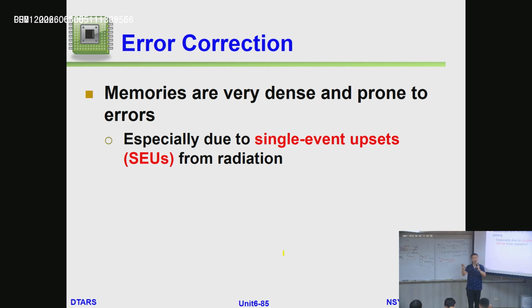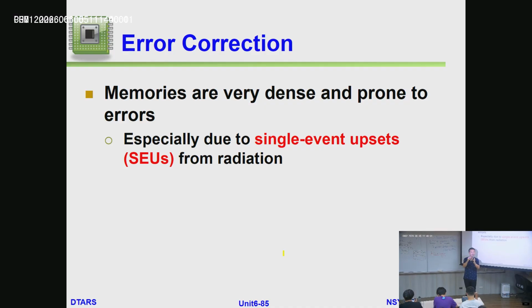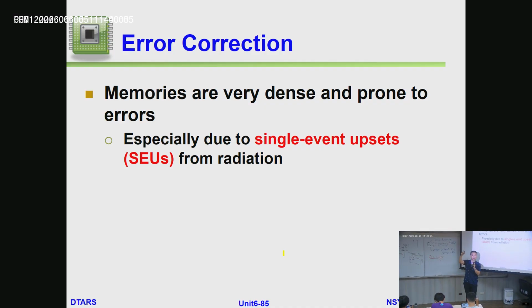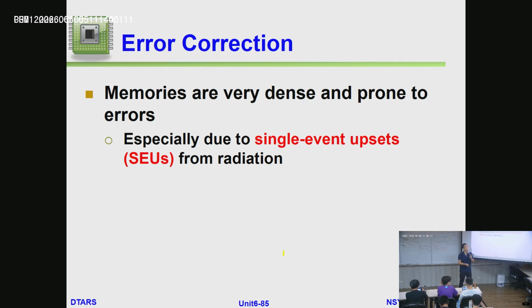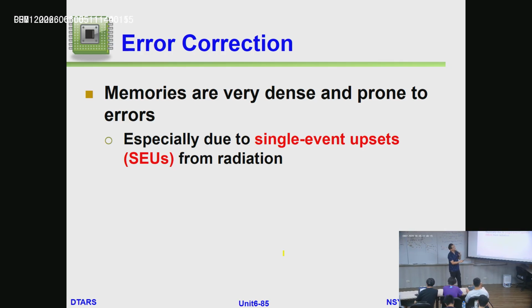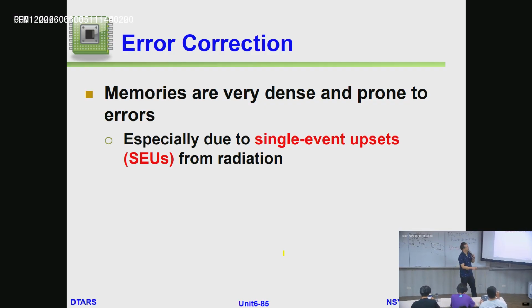You can imagine that in a memory chip the transistors are packed very densely, so any alpha particle from space that hits our memory will charge or discharge it.